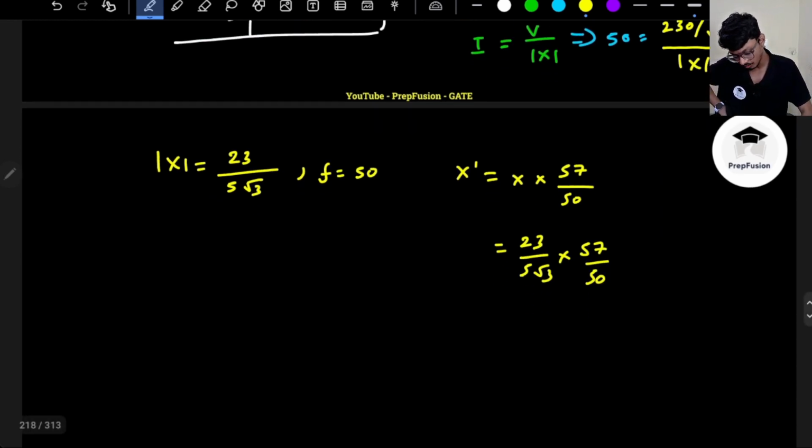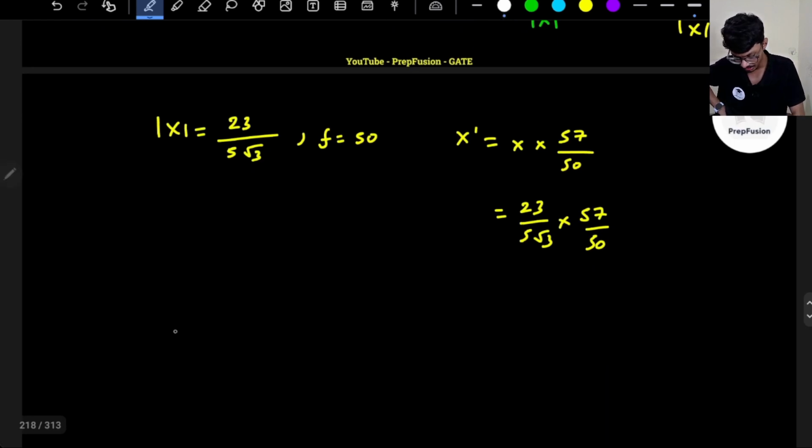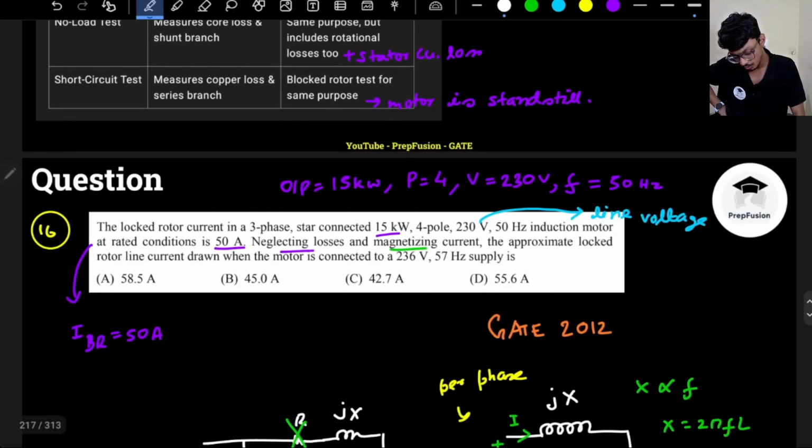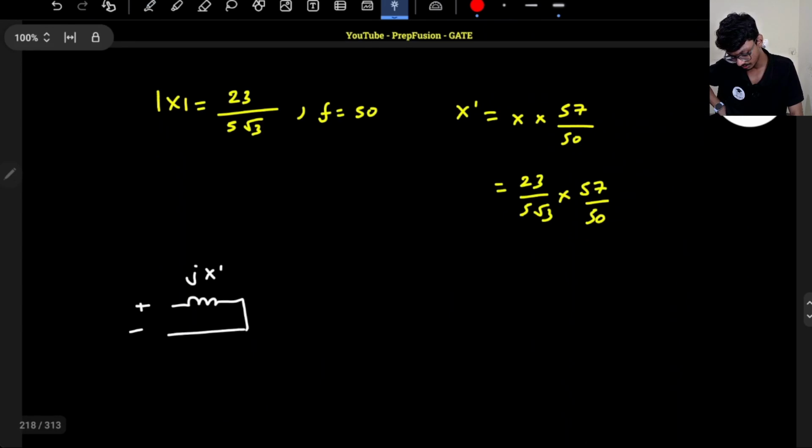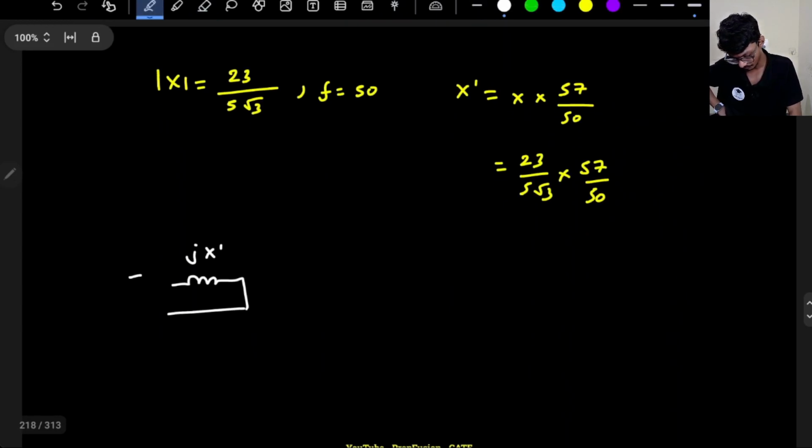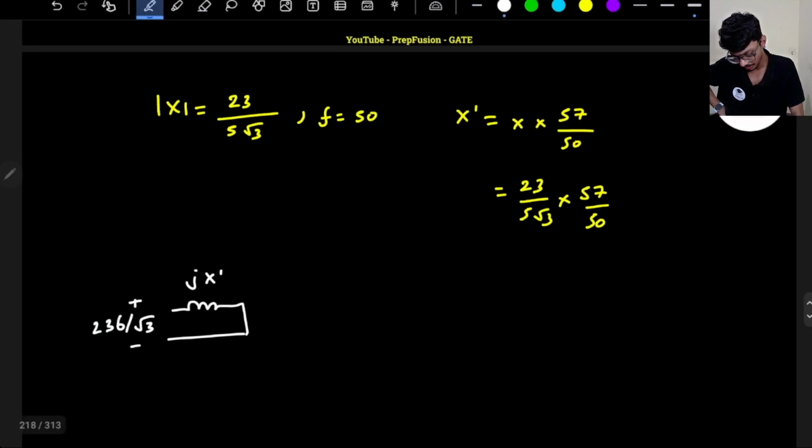Now in the new circuit, as the frequency has changed, the reactance has become jX dash. I'm providing a voltage of 236. So from here I can directly say the current will be 236 divided by root 3, divided by X dash.